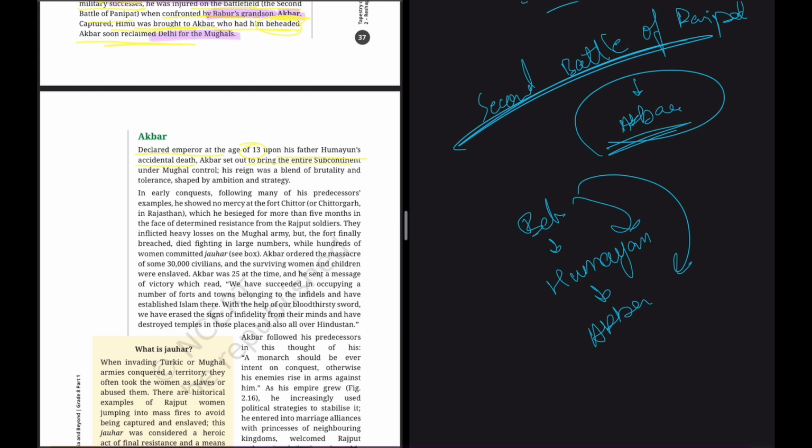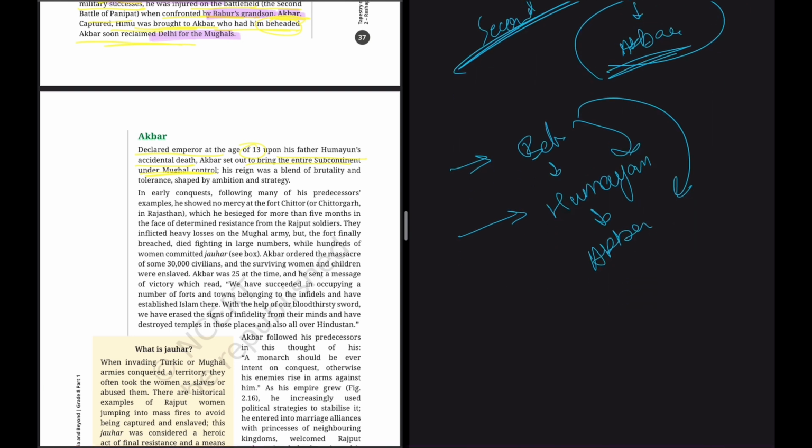Akbar set out to bring the entire subcontinent under Mughal control. At a very young age he was declared emperor, and he took up the responsibility of bringing the entire subcontinent under Mughal control.